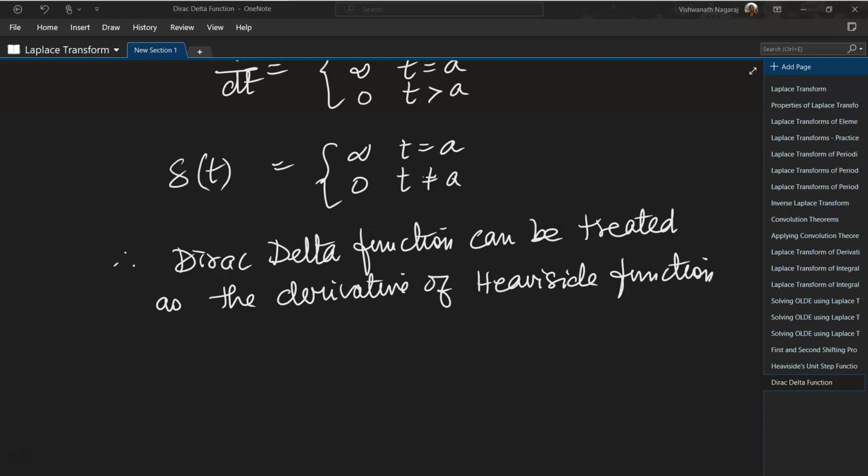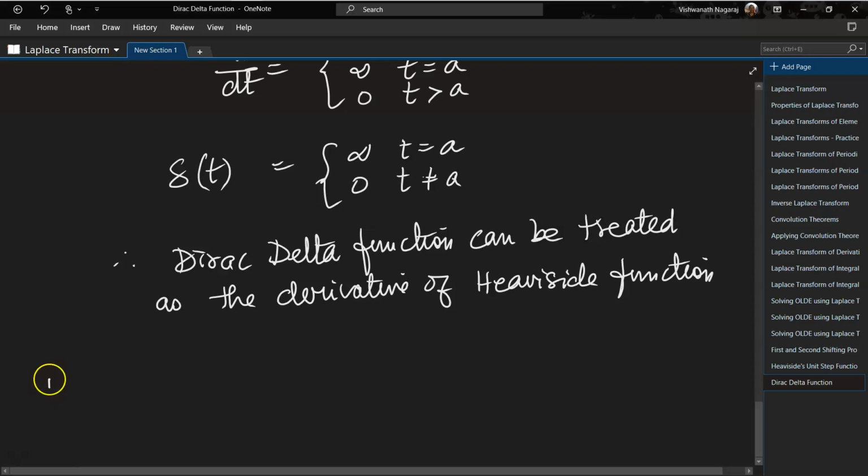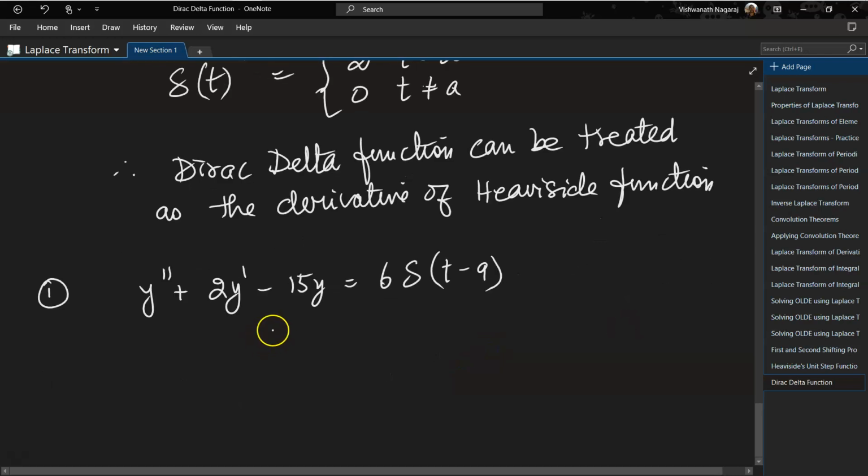Now let's actually solve a problem using this. Let's say we are given a differential equation: y double prime plus 2y prime minus 15y is equal to 6 delta of t minus 9, and there are initial values: y of 0 is equal to minus 5 and y prime of 0 is equal to 7.